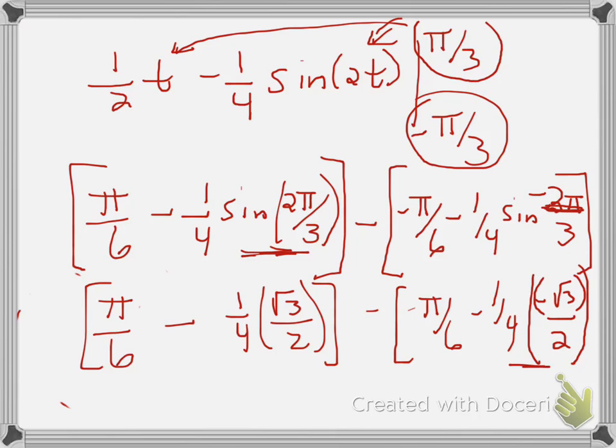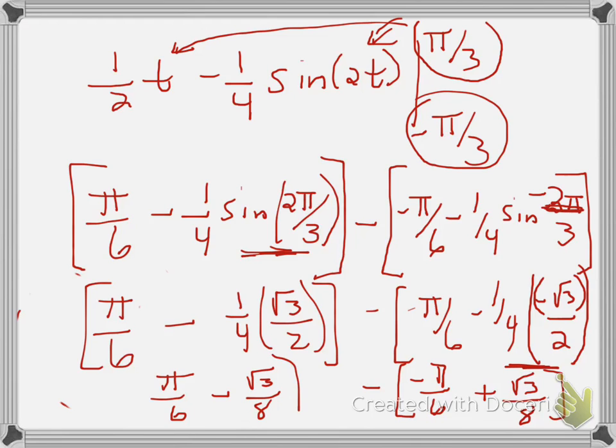So if I keep cleaning this here, -1/4 times negative √3 over 2, though, it's going to be positive. So it's going to be positive √3 over 8. And here I have negative pi over 6. And I'm just going to keep that in brackets until we're ready for our final cleaning phase. Here we've got pi over 6 minus √3 over 8.